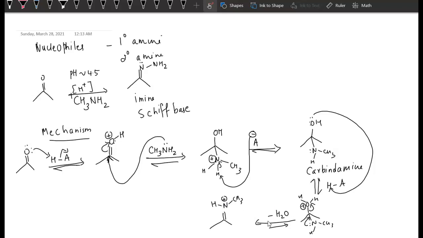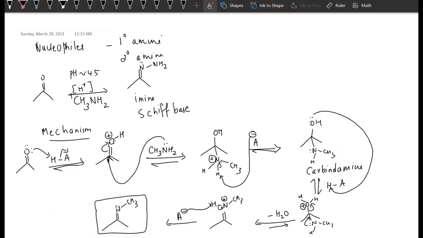So the water molecule is given off and we get this compound with a double bond to nitrogen. In the last step, the A minus, which is the base that is kicked out here, goes and takes the proton, puts this electron back, and you get this imine, which is your final compound. So this is how the imine is formed from the ketone or the aldehyde.